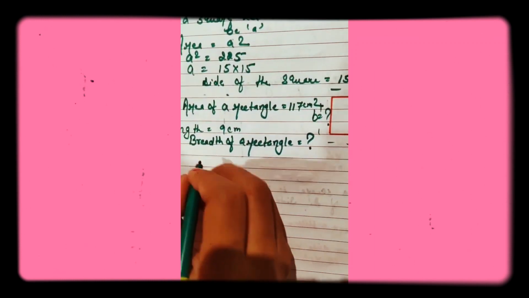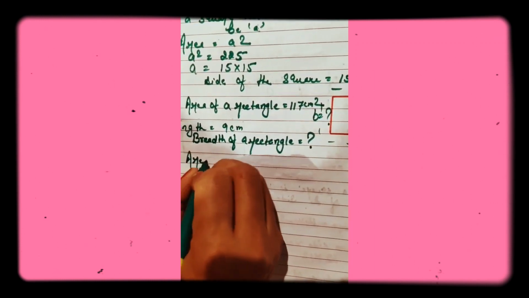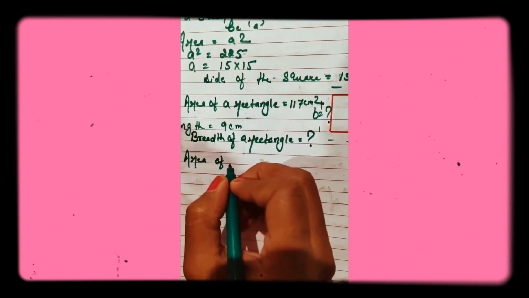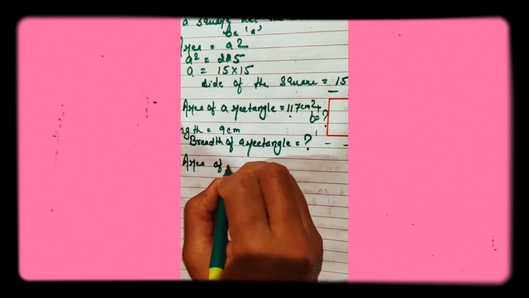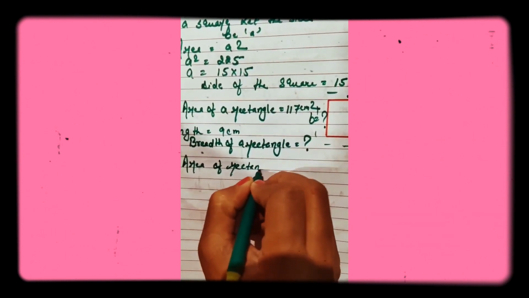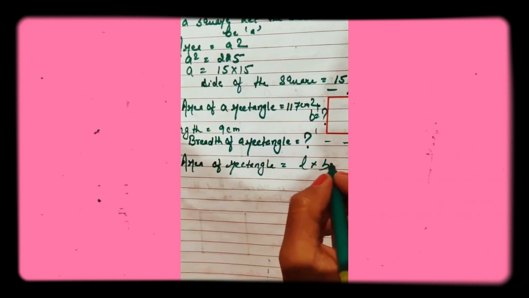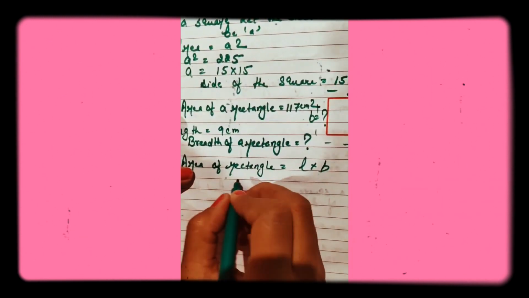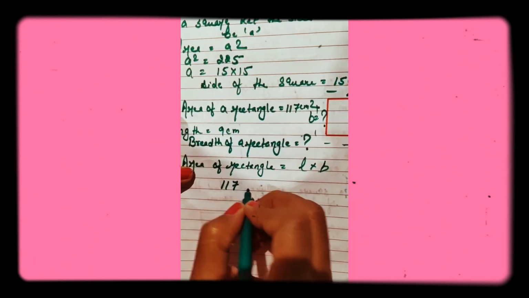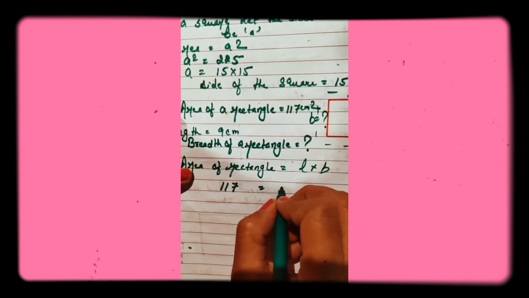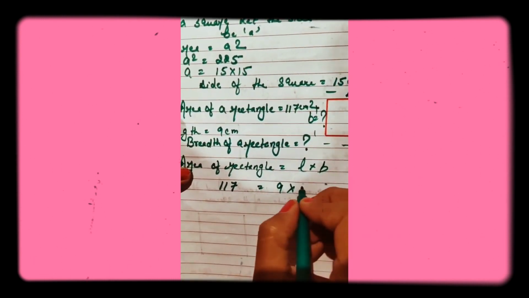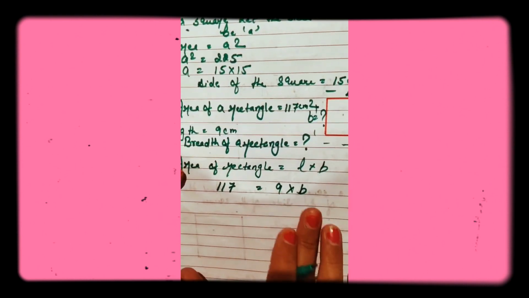We have to find. So area of rectangle equal to length into breadth. Clear? Area of rectangle given 117, length is given 9 centimeter and breadth is given question mark. Suppose breadth will be B.